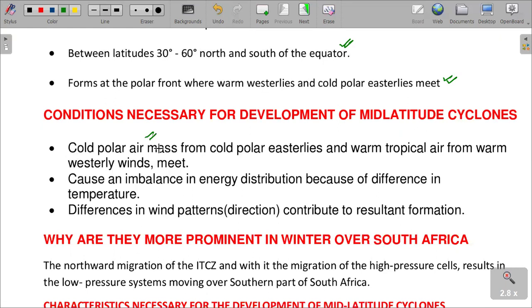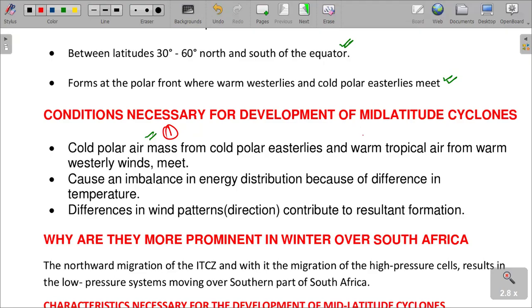There is a cold air mass that is coming here, and that is one characteristic of the air masses we are having. Then we also have the warm tropical air from the warm westerly winds. So what we are saying is that there are two air masses that are meeting: the cold polar easterlies and the warm tropical westerly winds.